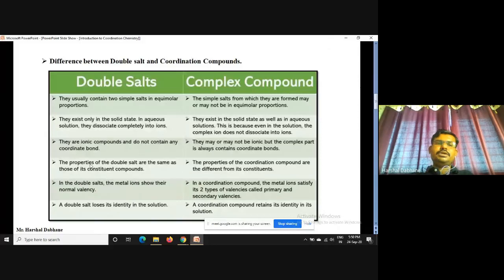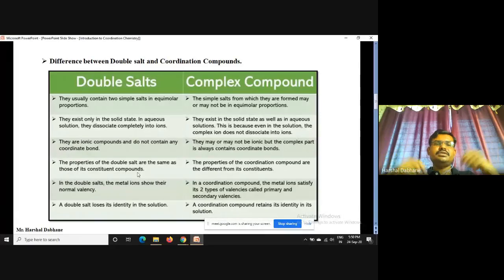The properties of the double salts are the same as those of the constituent compounds. What do we mean by that? Suppose we prepare potassium alum by mixing potassium sulfate and aluminum sulfate, and we dissolve the alum in water. We get a test for potassium from potassium sulfate and from the alum, so we get a test from both.